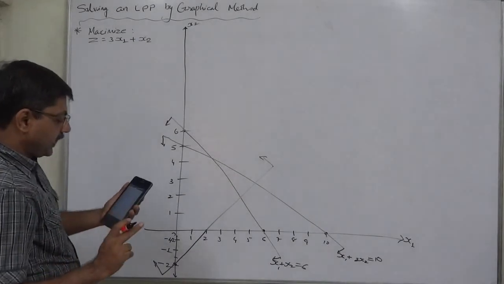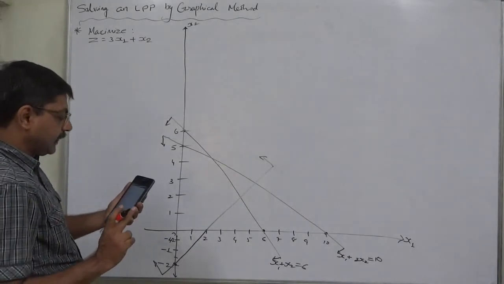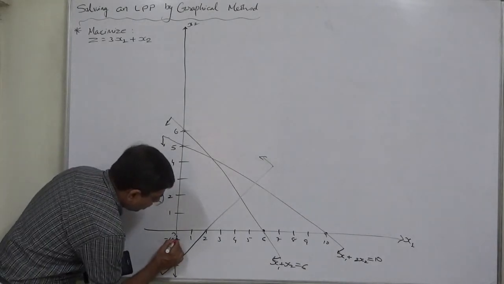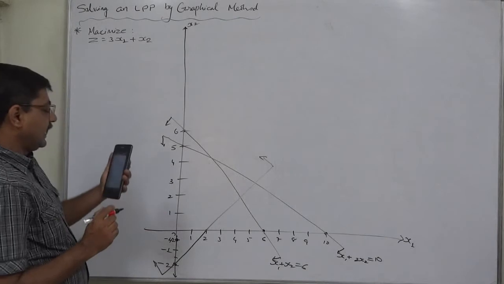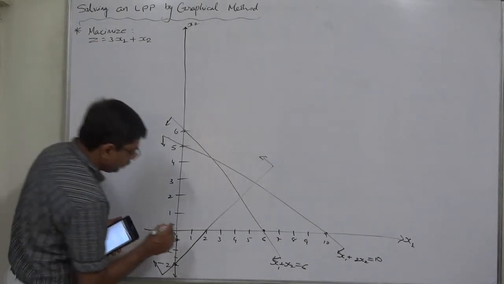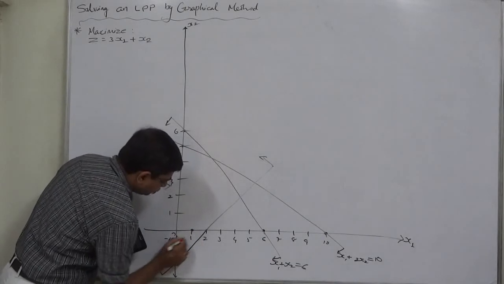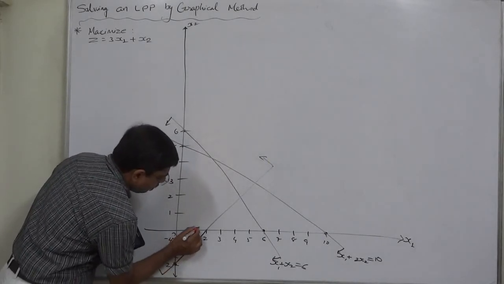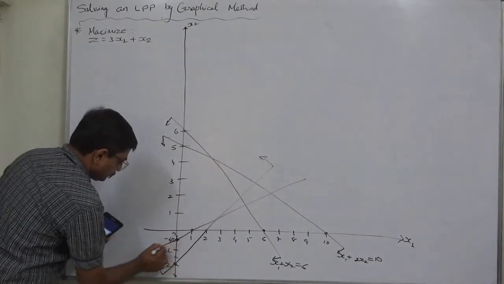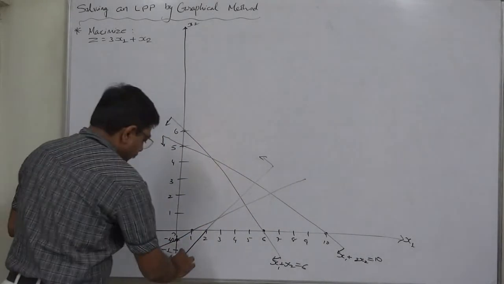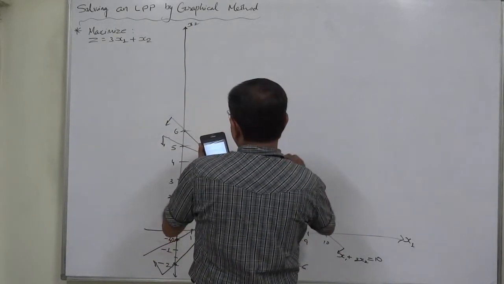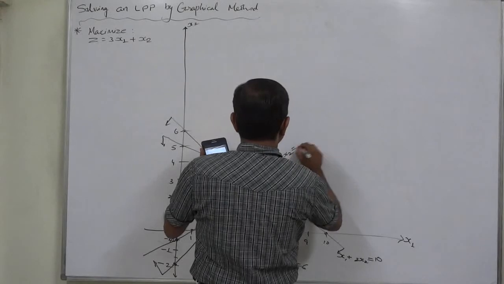Last number 4 is where x1 takes value 0, x2 takes value minus half or minus 0.5, and when x2 takes value 0, x1 takes value 1. So the line will be something like this. Okay, this was the equation of x1 minus x2 equals to 2.